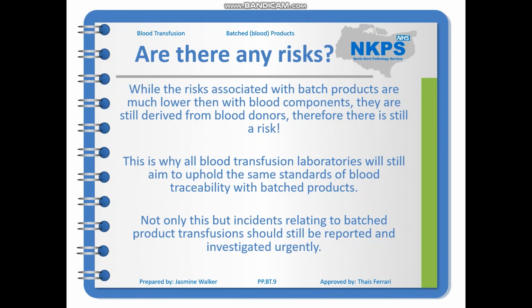If we get a recall on a batch product, it will be on the whole batch because there will be something wrong with that batch. So if you are issuing or transfusing a batch product, double, triple check that the batch numbers match what you are expecting them to be, so that we can recall it, and so that if it is transfused to a patient and there's something wrong with that batch, we can recall the patient as well.